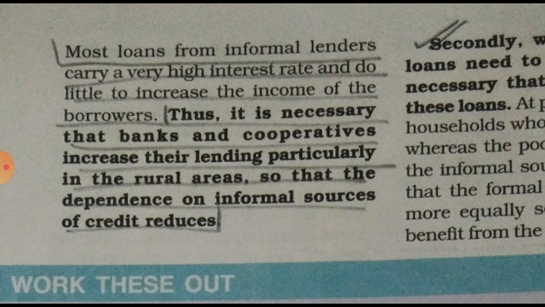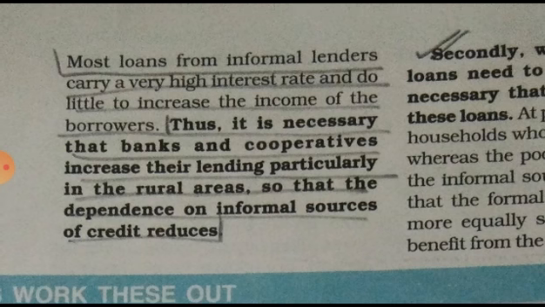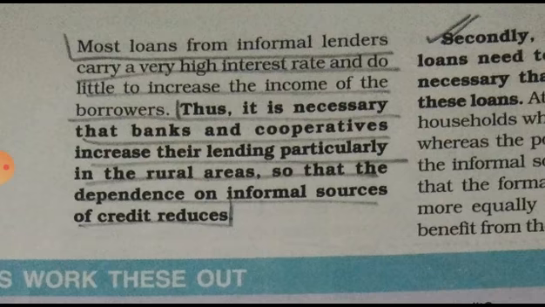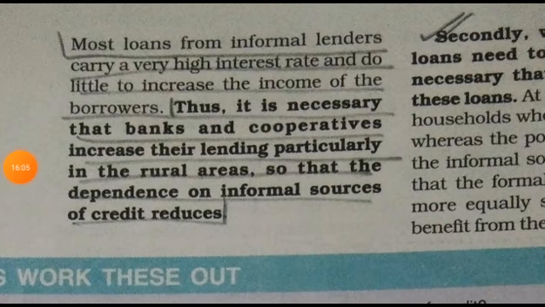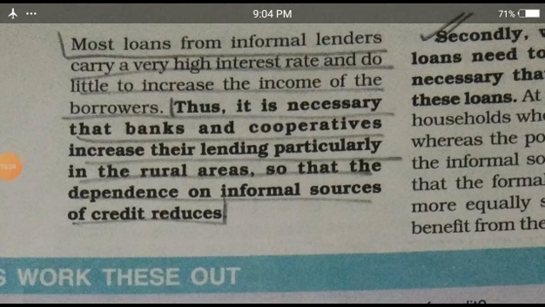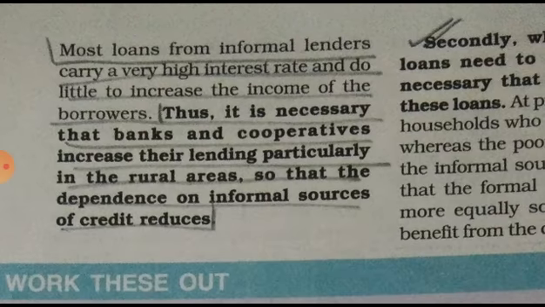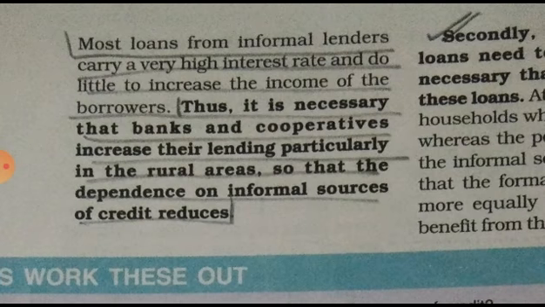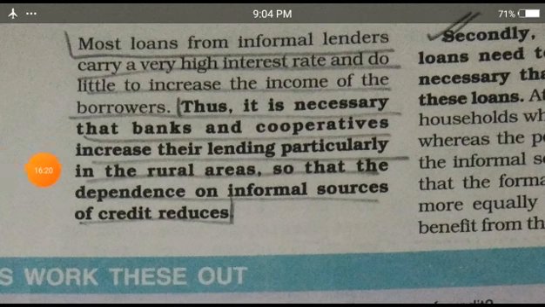At present, it is richer households who receive formal credit, while the poor have to depend on the informal sources. It is important that formal credit is distributed more equally, so that the poor can benefit from the cheaper loan. If the formal sector expands its credit, then poor people get the benefit of cheap loan activities.